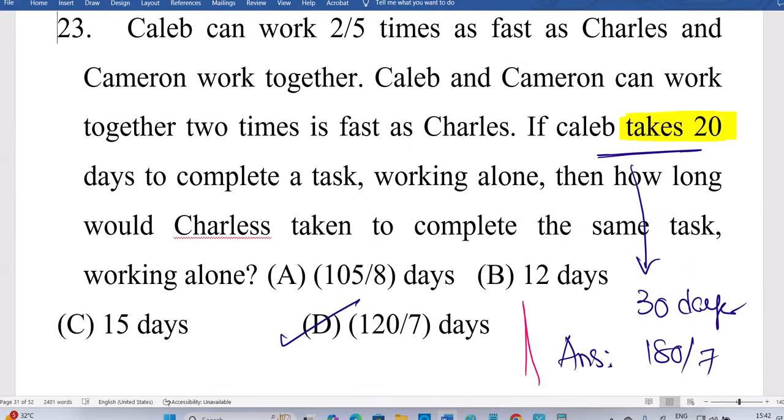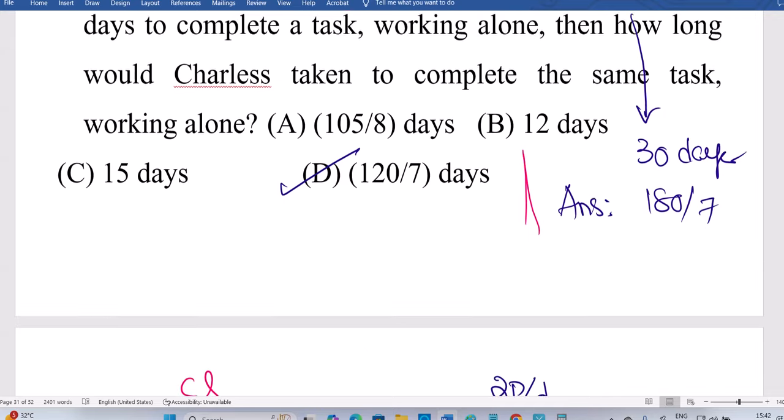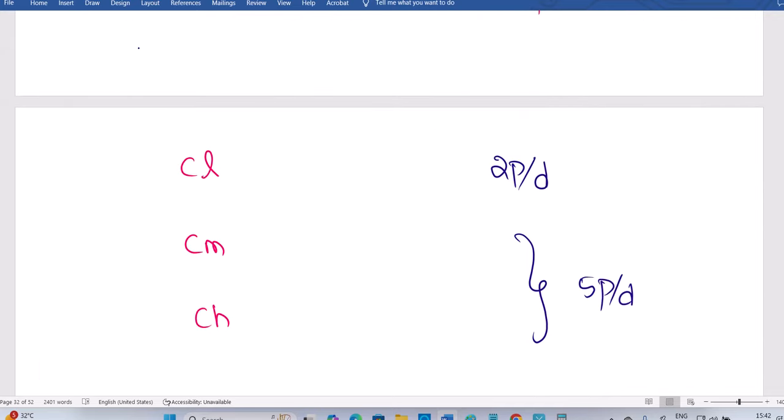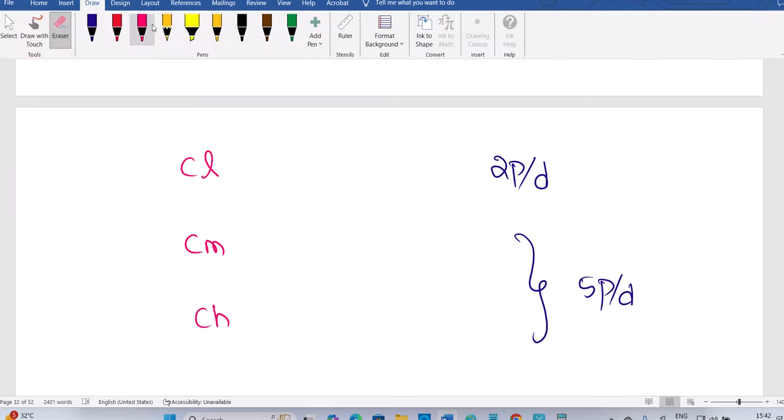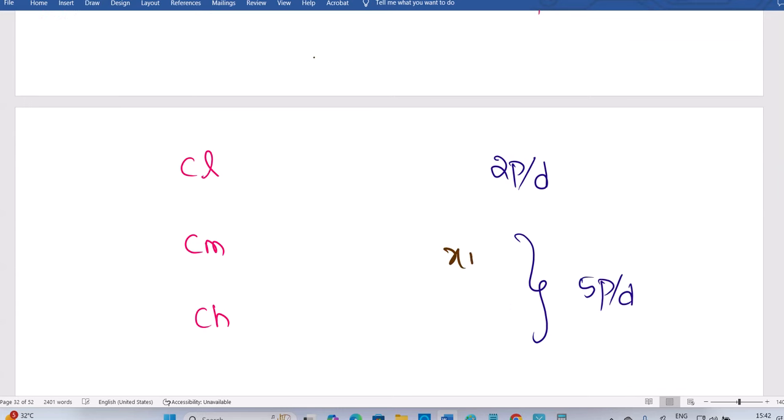Next one. Caleb and Cameron can work 2 times as fast as Charles. Let's say these are X and Y: X pages per day, Y pages per day.